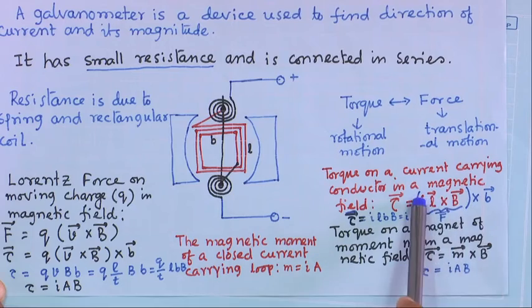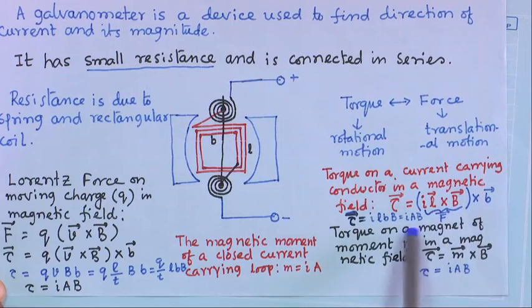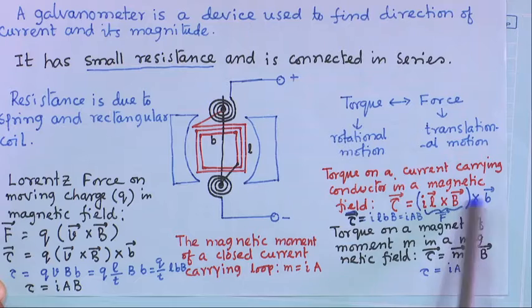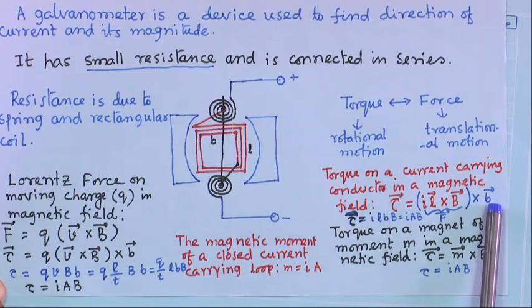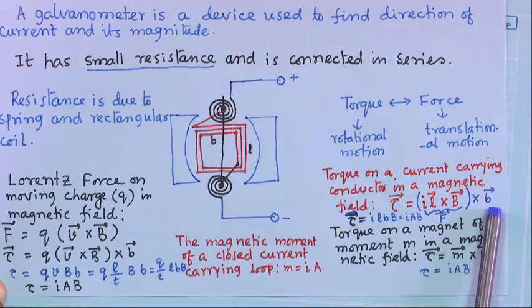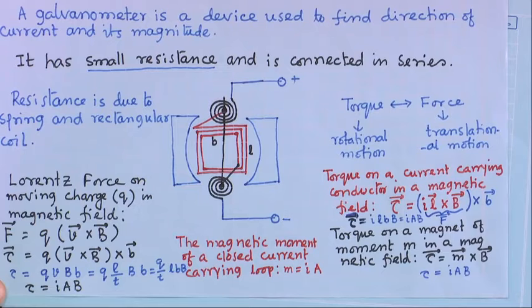And from here also I can show that these two are equal. Because torque equals I L cross B, that is the force, into this distance b, the couple between these two forces. So, I can write I L B b.